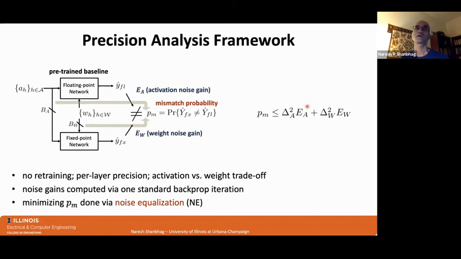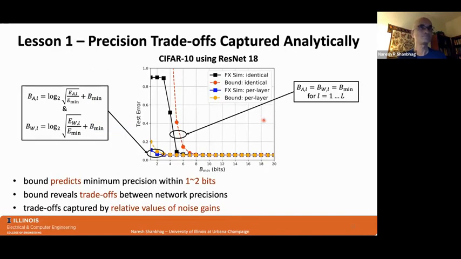I can plug it into this upper bound and figure out how many bits I should put into the activation, how many into the weights, and then ensure and guarantee that the mismatch will be less than a certain bound. So this is how we are framing this problem.